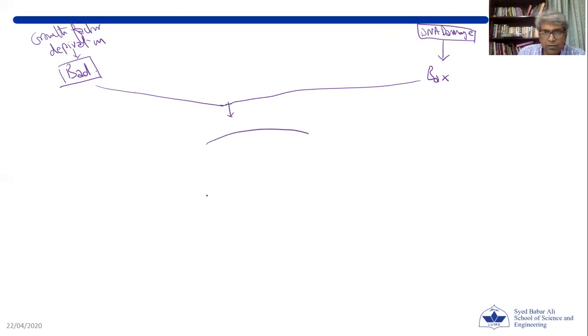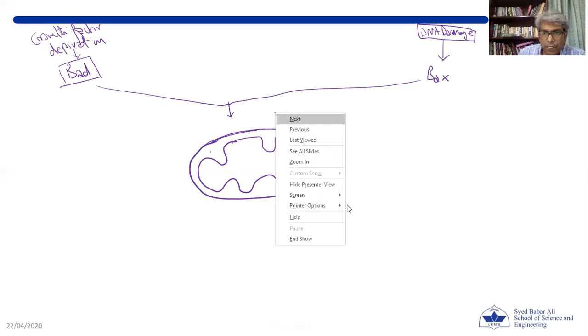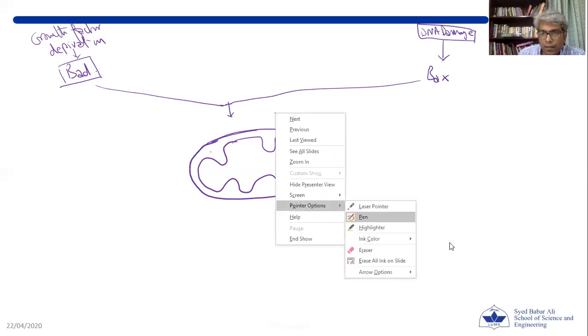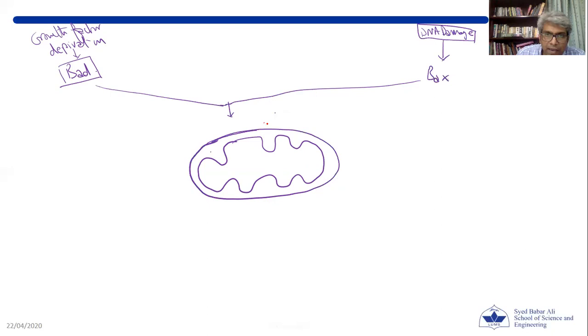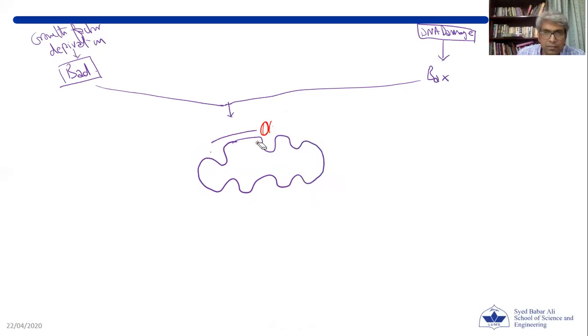So if you have mitochondria, this is the mitochondrial outer membrane, and then you have the mitochondrial inner membrane. Excuse me, I'll have to redraw that.